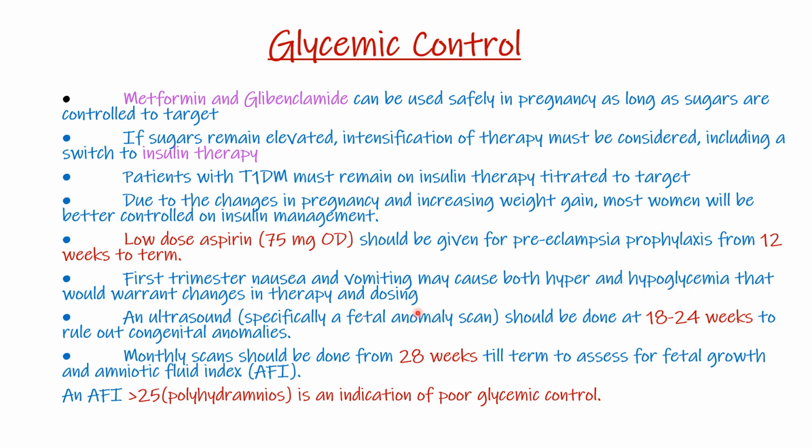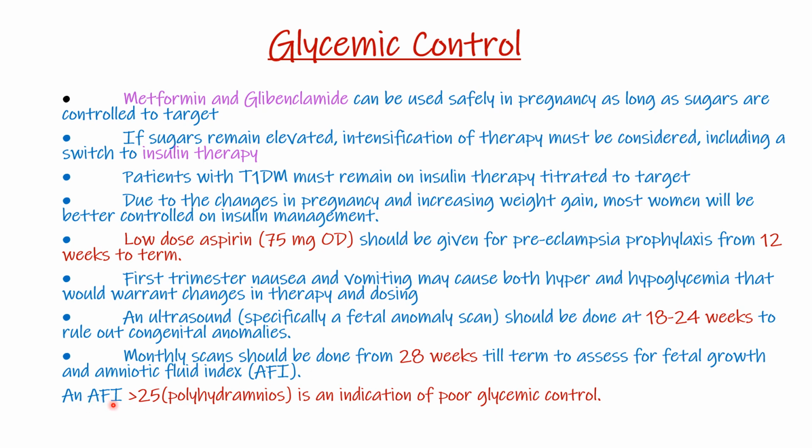And then an ultrasound specifically for fetal anomaly scan should be done, as we said before, at 18 to 24 weeks to rule out congenital anomaly. And then monthly scans should be done from 28 weeks till term to assess fetal growth and amniotic fluid index to assess polyhydramnios.